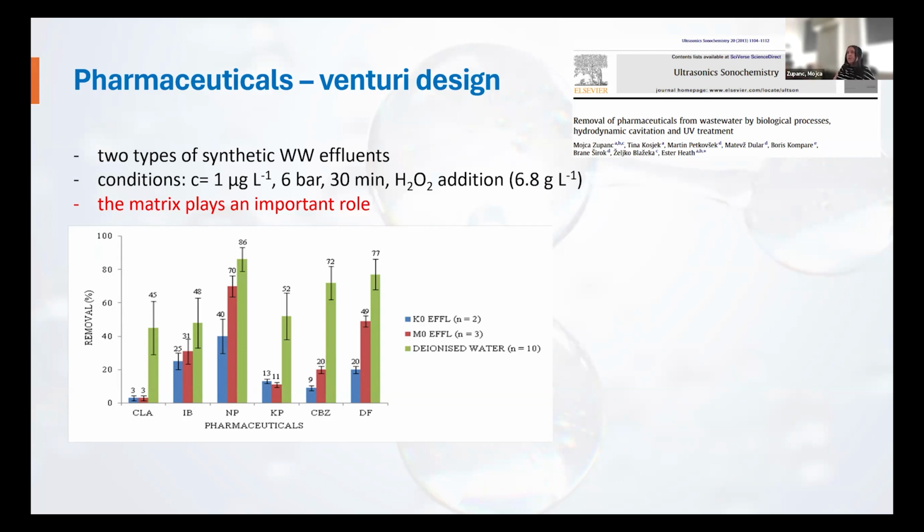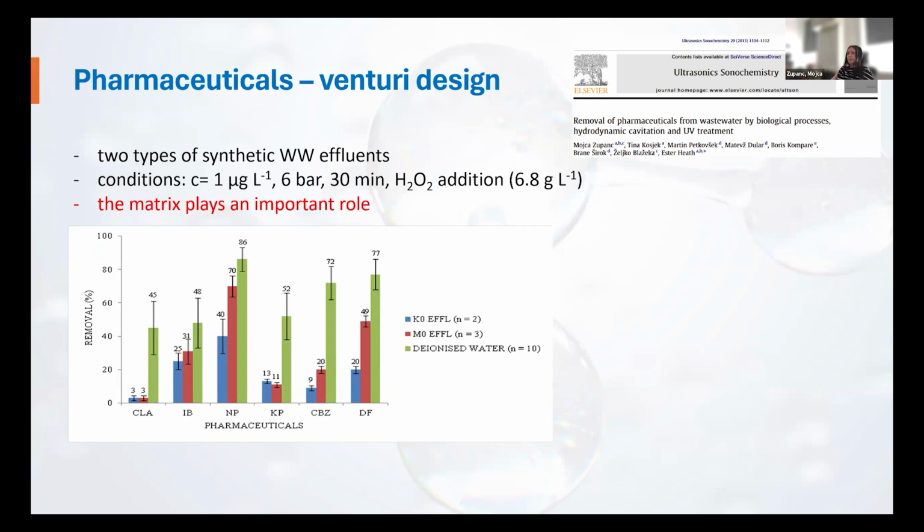The point of the preliminary experiments in deionized water, shown on the previous slide, was to determine the optimal conditions, which were 6 bar, 30 minutes, and the addition of hydrogen peroxide. In these conditions, we then compared the effectiveness of the Venturi design in these different matrices.